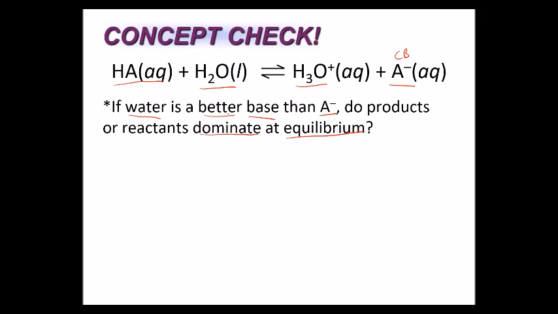When we say better base, we're talking about being better at accepting and attracting that hydrogen ion, that H plus ion, that proton. So if water is better at attracting the H plus than the A minus over here, this conjugate base, think about it for a second, maybe pause, decide: are we going to have products or reactants dominate?